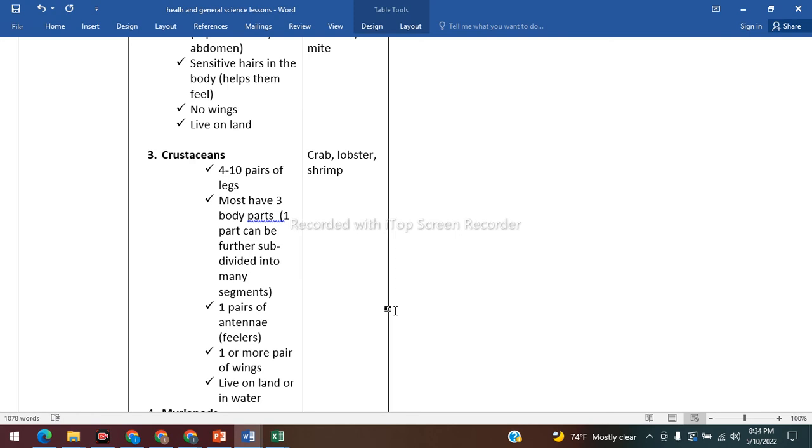Are we ready? You sure? Amoeba. Protozoa. Very good. Clam. Mollusks. A bivalve. Very good. Starfish. Echinoderm. Very good. Portuguese man o' war.